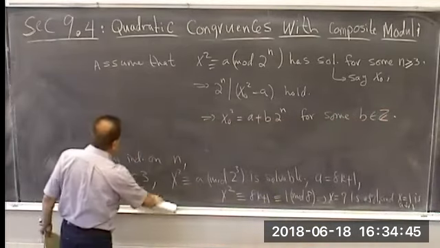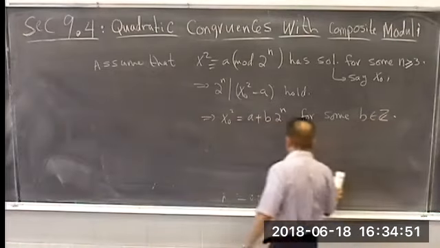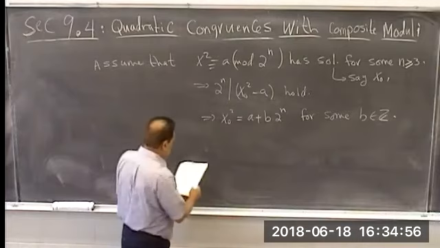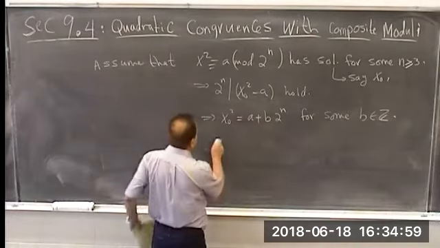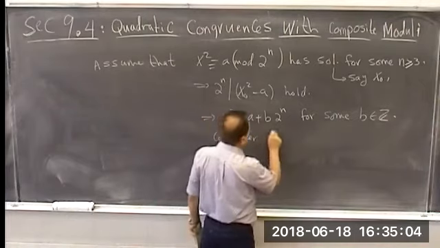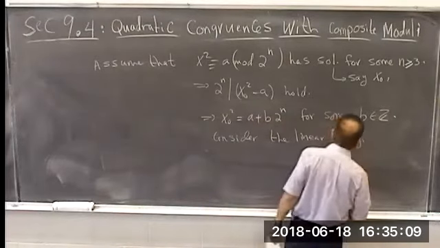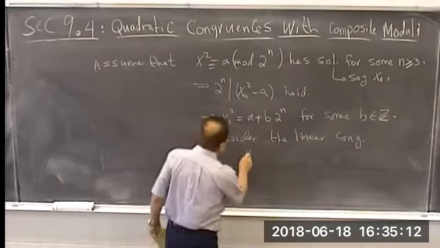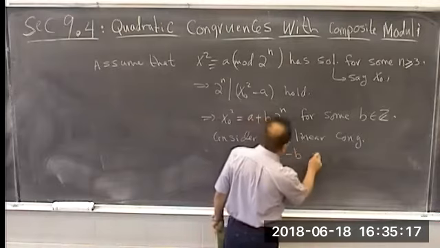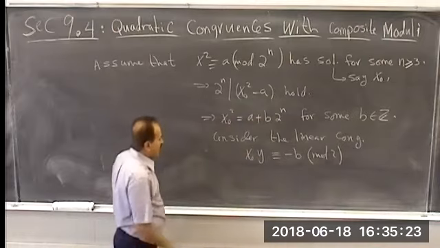Similarly, we're going to consider a linear congruence equation, which is x sub 0 y congruent to negative b mod 2.